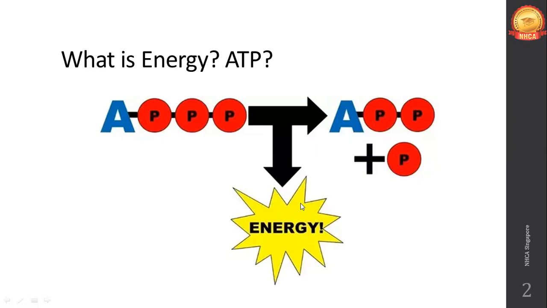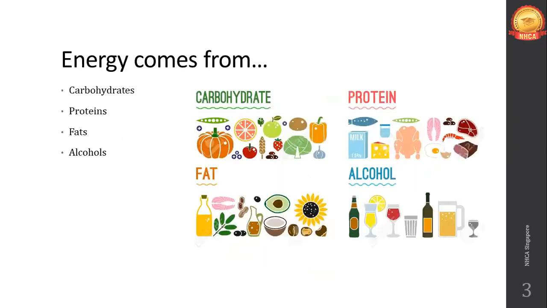Okay, so energy usually comes from these three macronutrients. We have seen this in our nutrition and dietetics classes, previous classes. Carbohydrates, proteins, fats, as well as alcohol do provide you energy. Whenever you eat a meal or have a drink, all your food components have these macronutrients in different ratios.